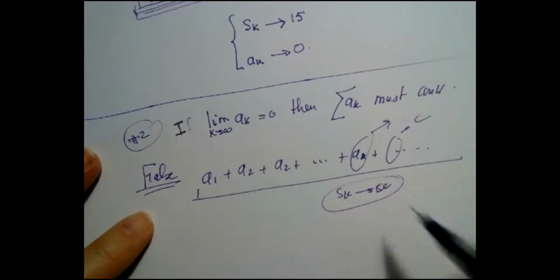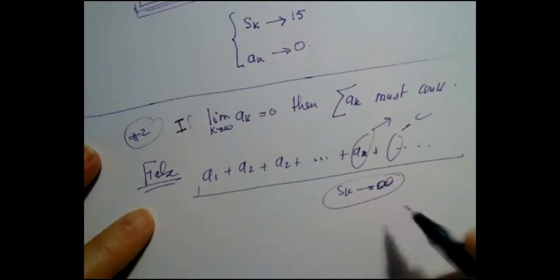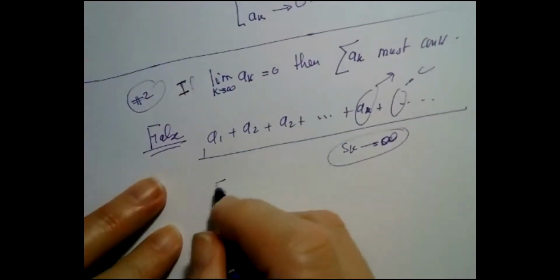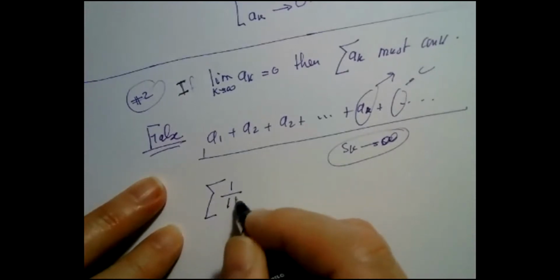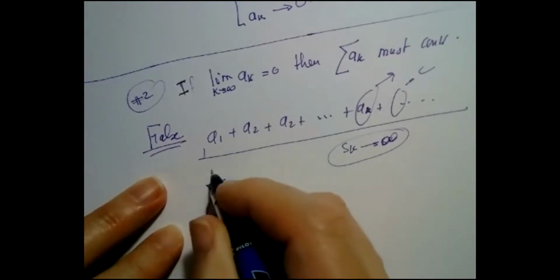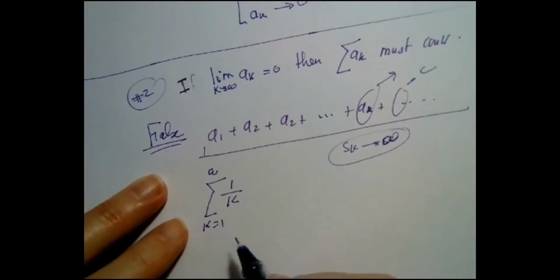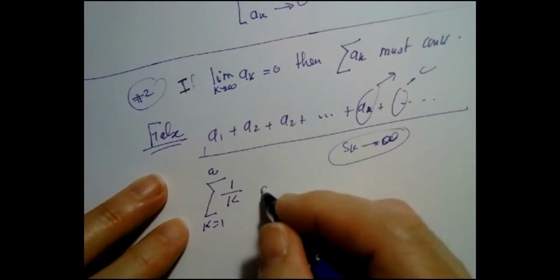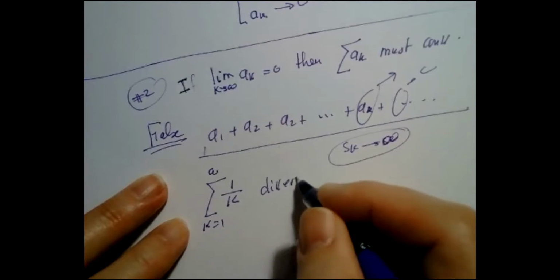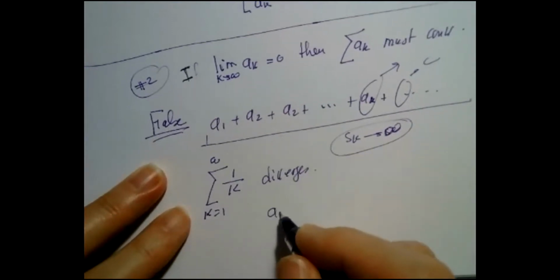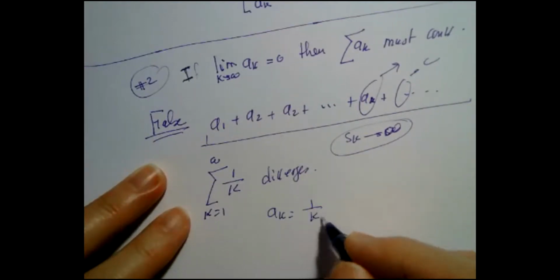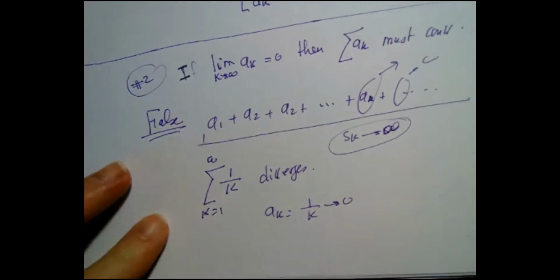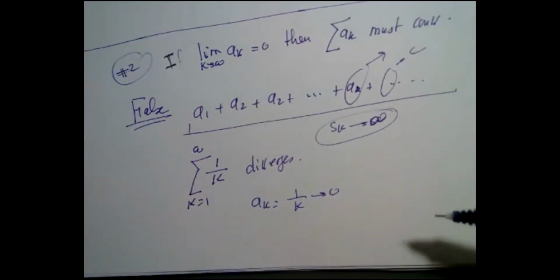The sum can still actually blow up to infinity. The example we have is the sum of 1 over k, k equals 1 to infinity. Now by the integral test, this one diverges. However, the terms are really going to 0.